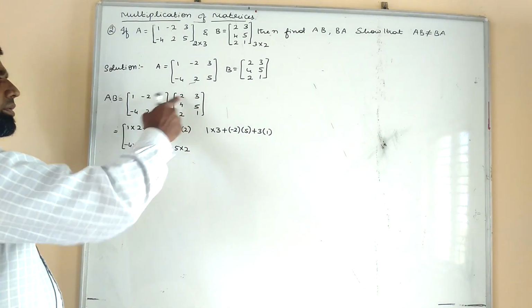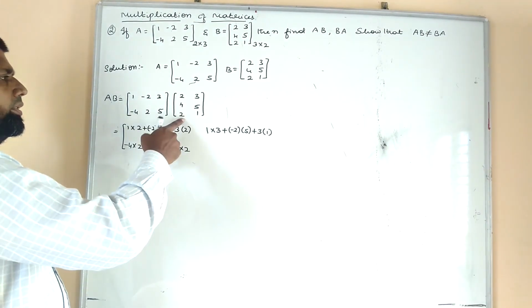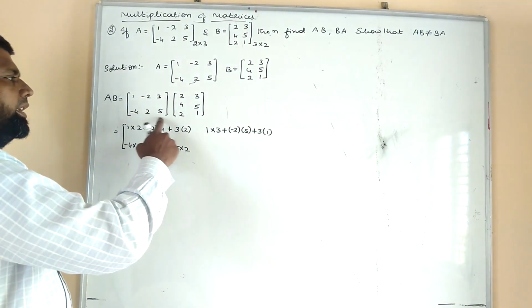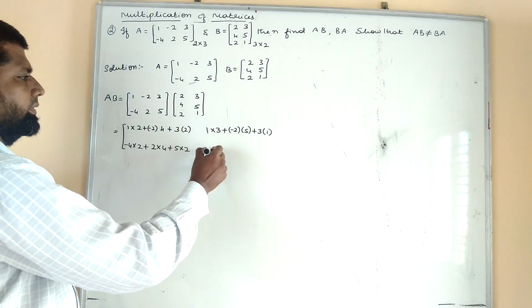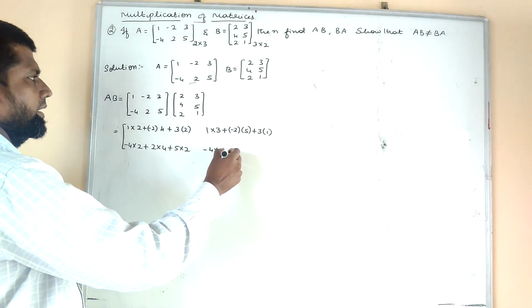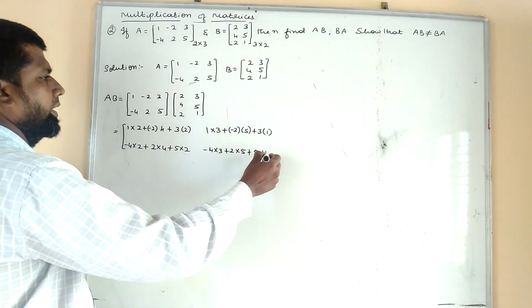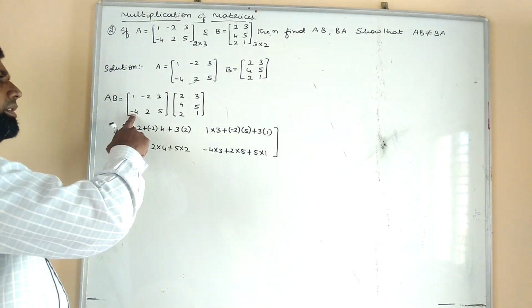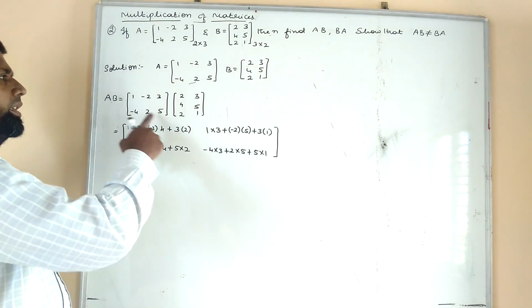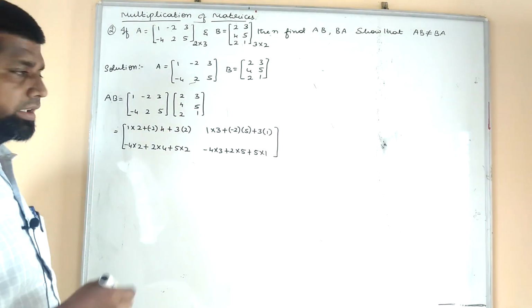Then second row, second column: minus 4 into 3 plus 2 into 5 plus 5 into 1.